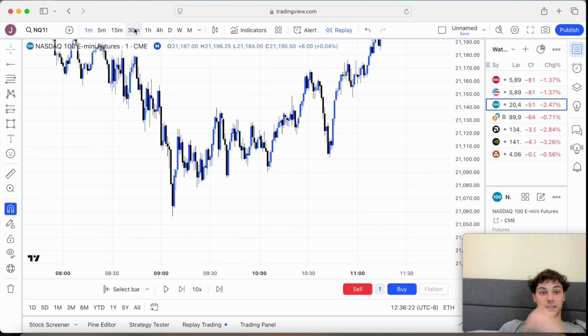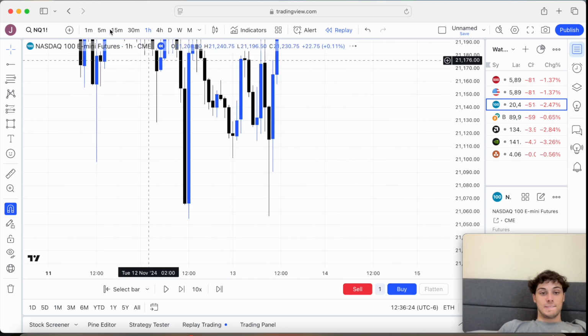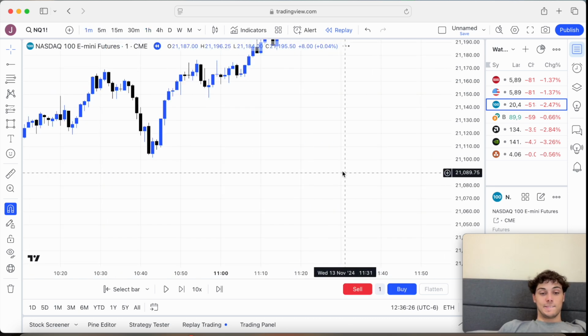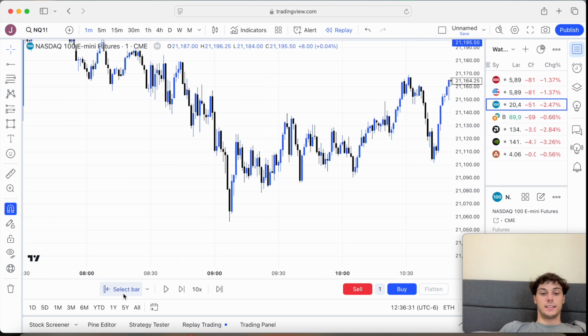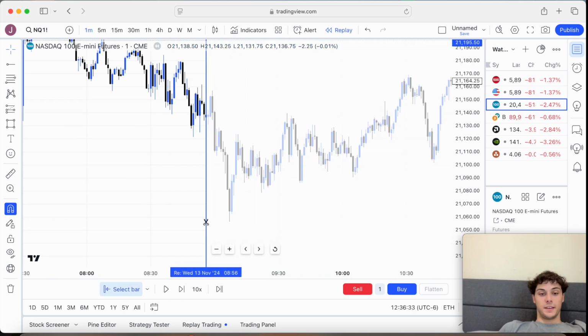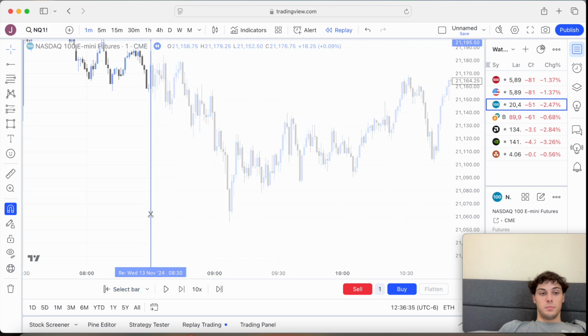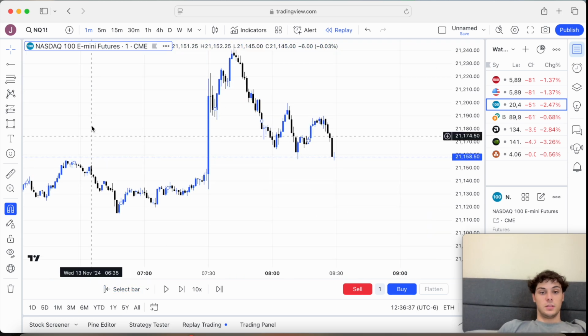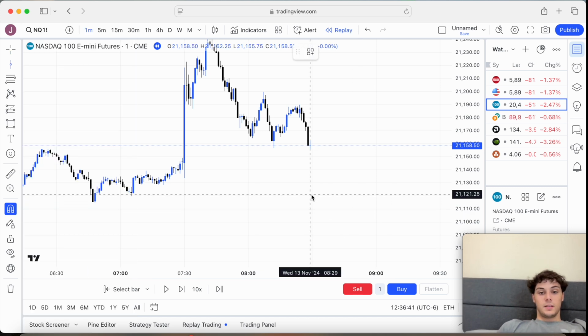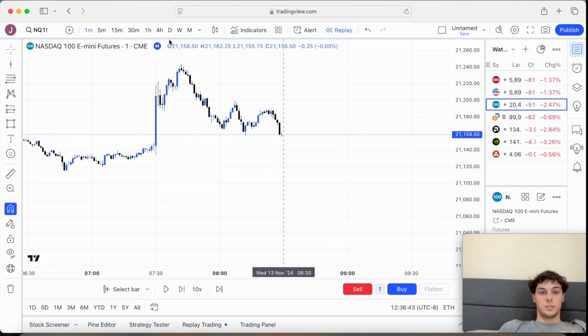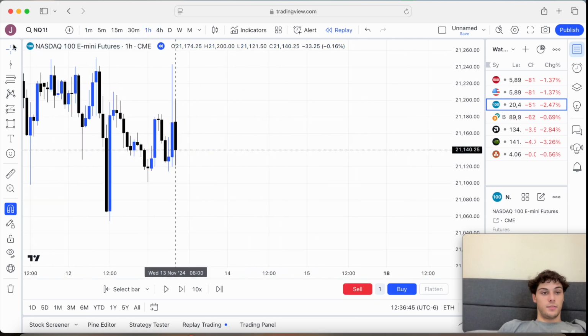So on NASDAQ, because I trade both, I've been trading NASDAQ a lot more recently. Market opens. This is the same day, by the way, on Wednesday. Market opens. What do we have?